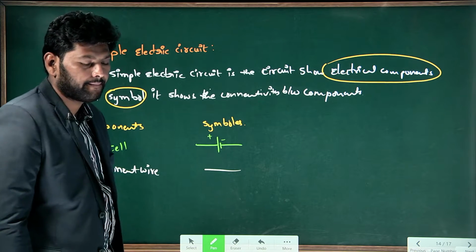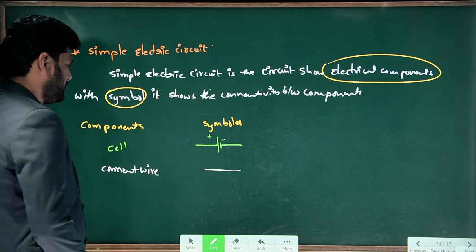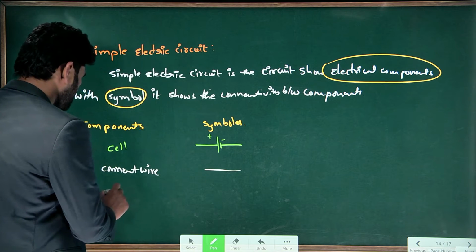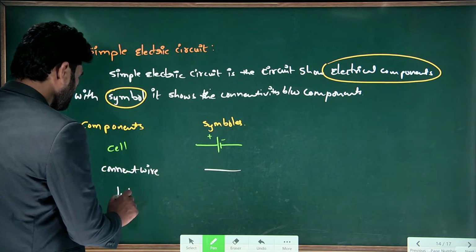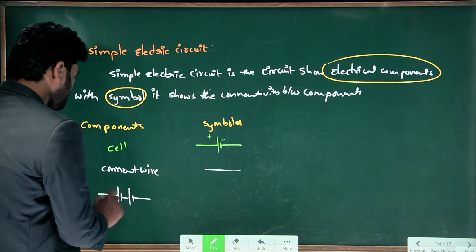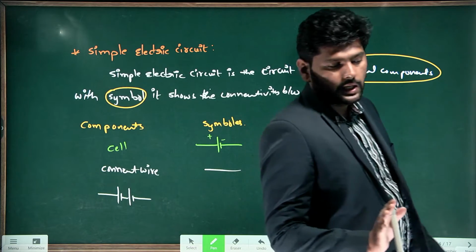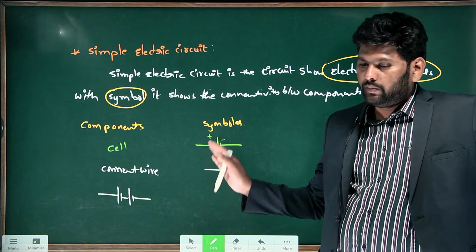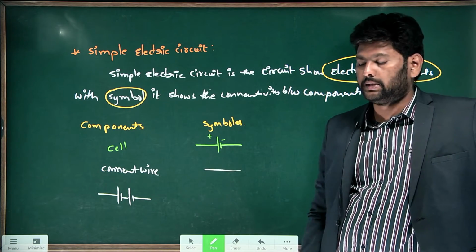The next one is cells in series. They are asking to show cells in series, so let me take two cells. Cells in series means the negative terminal of one cell is connected to the positive terminal of the next. When many cells are grouped like this, it is called grouping of the cells.